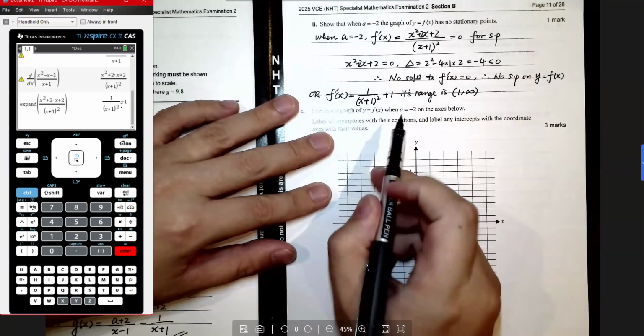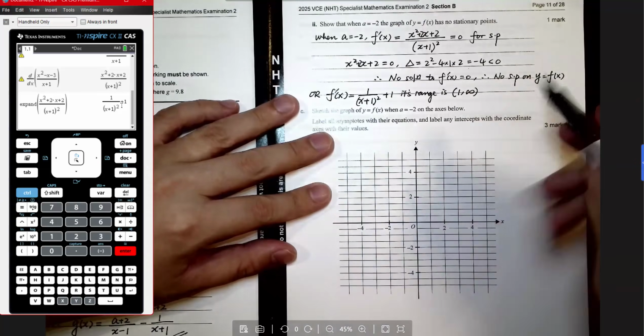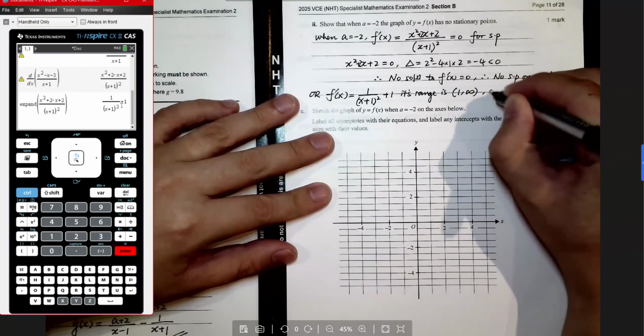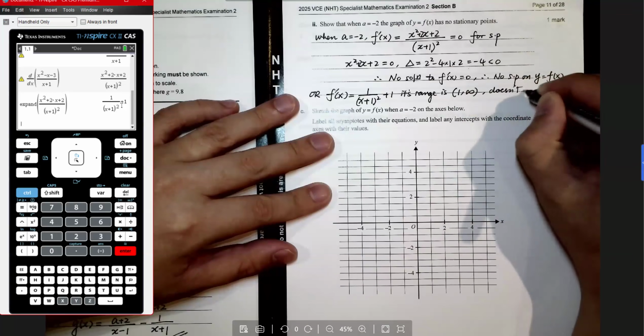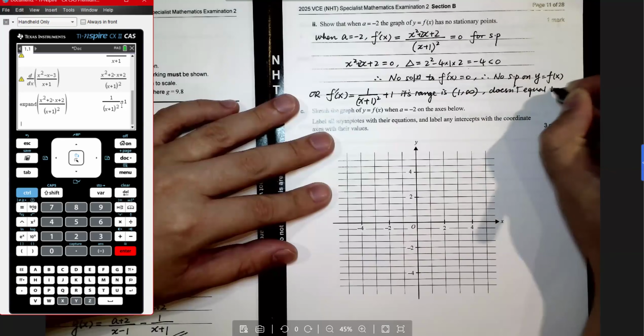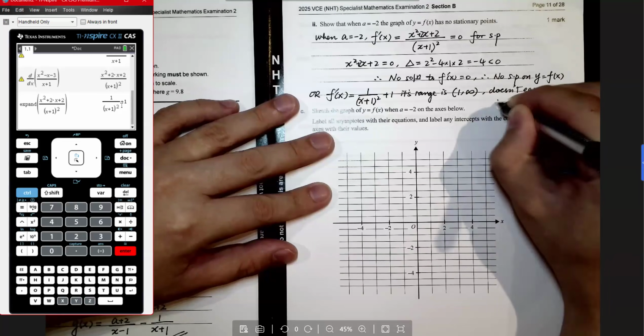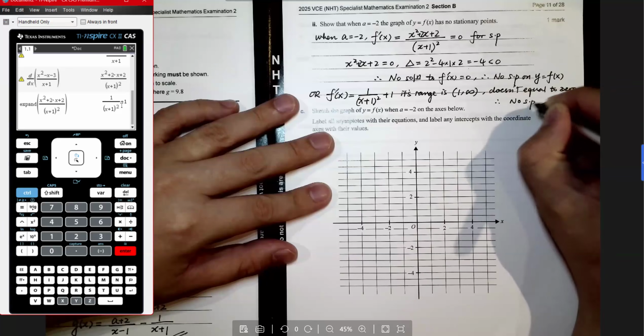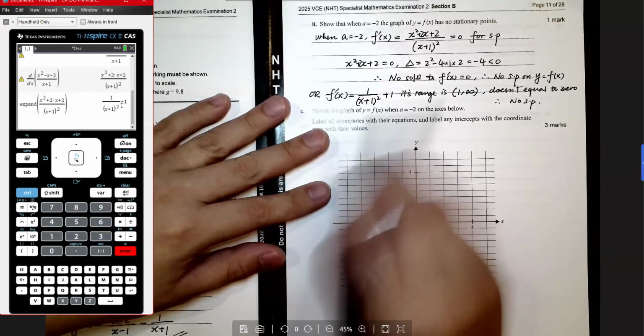Something along this line. And therefore, it doesn't equal 0. So no stationary point. You could also use this argument here.